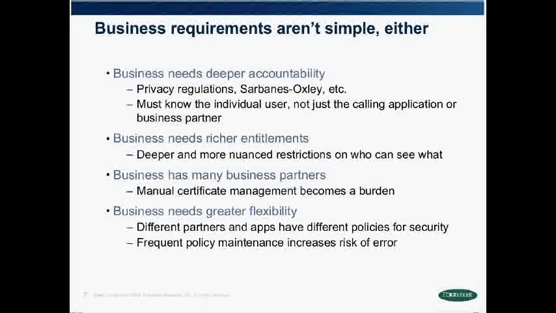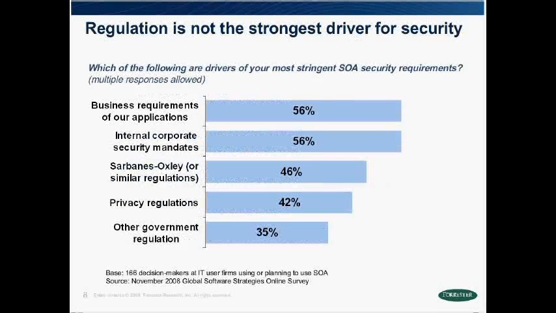And to the degree that we are continually enhancing our security and our environment, frequent policy maintenance increases the risk of error in maintaining these policies. We mentioned regulations, and regulations are often the feared and very critical requirements, but the business requirements of our applications and solutions, or internal corporate security mandates, are often the stronger drivers for needing deeper SOA security. So what do you do?